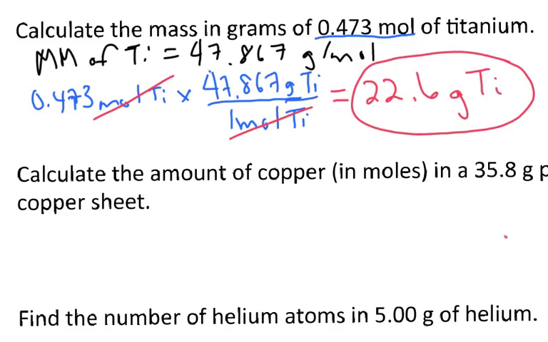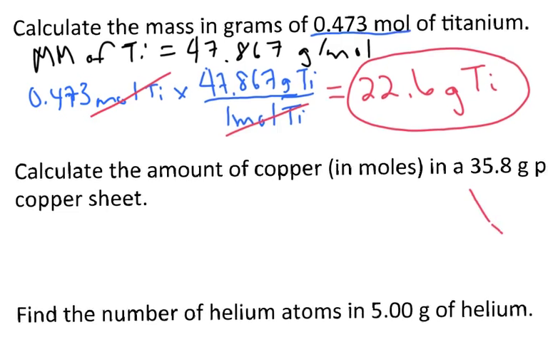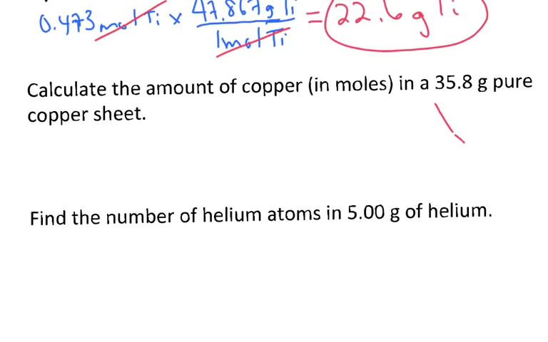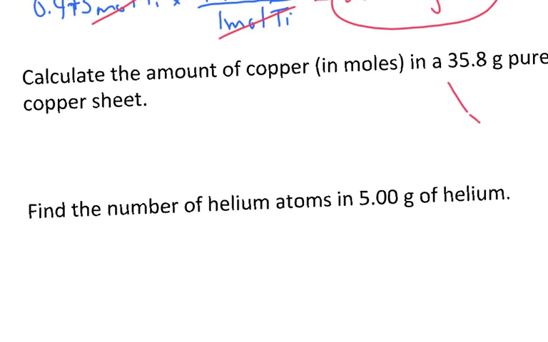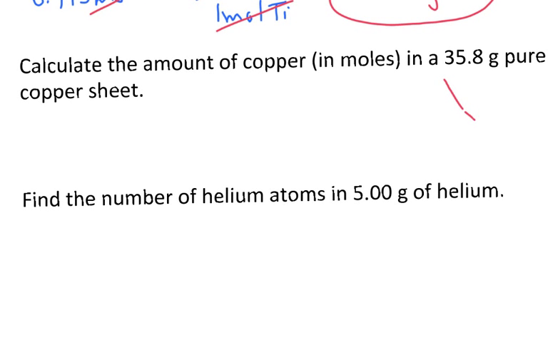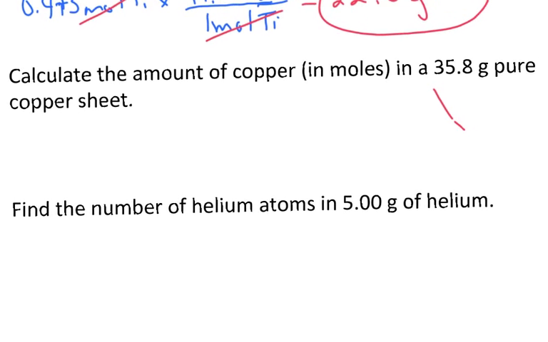Okay, so let's look at this next one. So this next one is calculating the amount of copper in moles of a 35.8 gram pure copper sheet. So this time we have grams and we want to find moles. So we're going to use molar mass again. So you're going to look on your periodic table. Copper is 63.